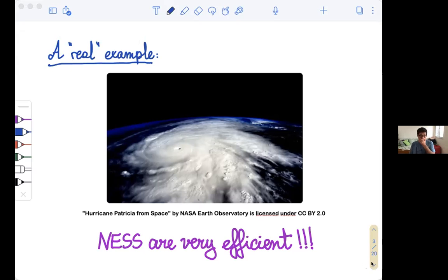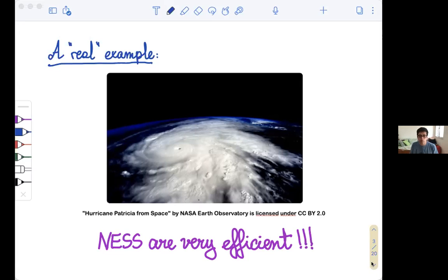And this type of system is ubiquitous in nature because non-equilibrium stationary states are very efficient in various ways. Okay, so one possible way to think about what this means is in terms of heat transfer. They transfer energy from place to place in a very efficient way.